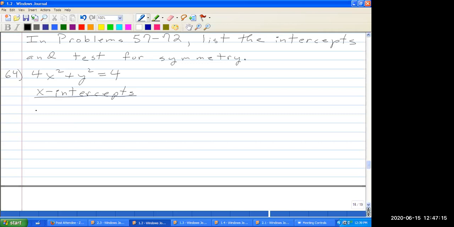To find the x-intercepts, we set y to 0 and solve for x. So 4x squared is equal to 4. So x squared is equal to 1. So x is equal to plus or minus 1.